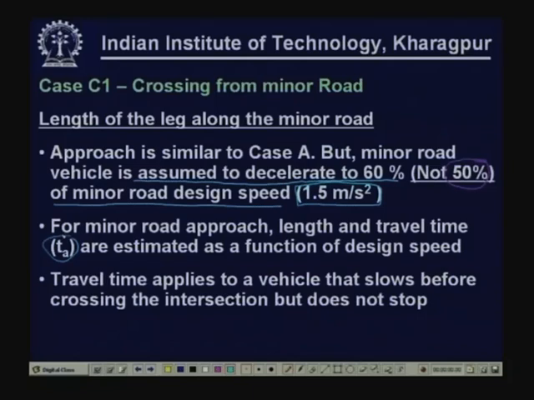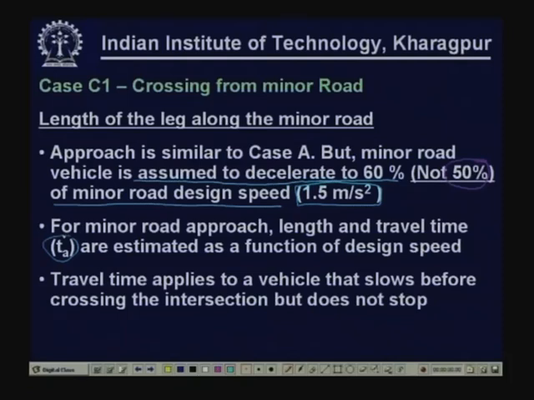Let us again refer to case A, intersections with no control. Values for distance were recommended by AASHTO for different design speeds, because the assumption is that vehicles decelerate to 50% or 60% of the minor road design speed. So, obviously, the required side distance is a function of the approach speed.